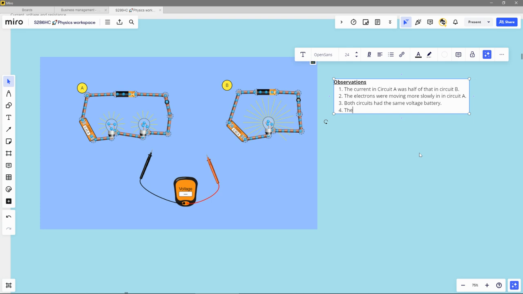The voltage they gained. There was a positive voltage across the battery and a negative voltage across the light bulbs.